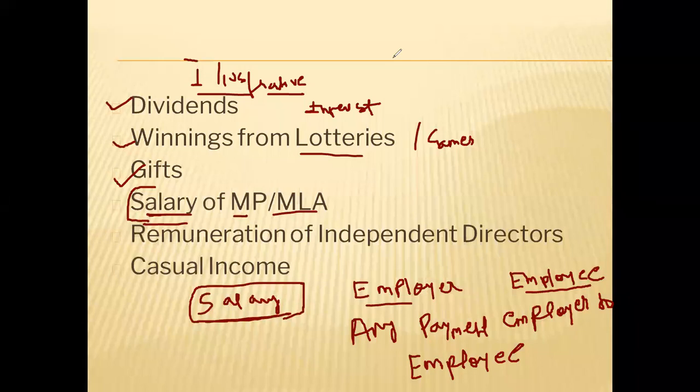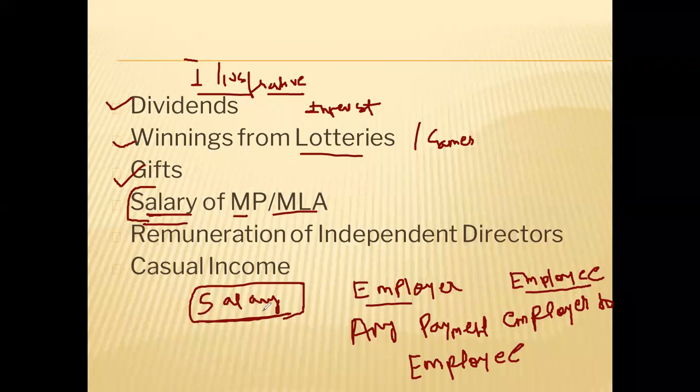Capital gain is a different thing, we have understood, no? Sale consideration minus indexed cost for long-term capital gain, etc. And in house property, we have seen a different calculation: GAV, NAV, standard deduction, etc. Similarly, salary is also a separate provision under the Income Tax Act.